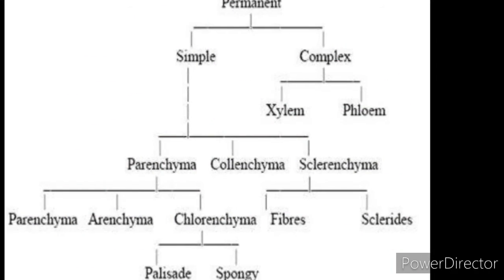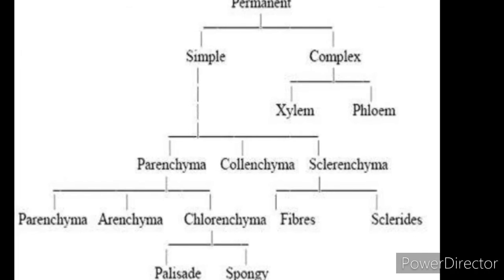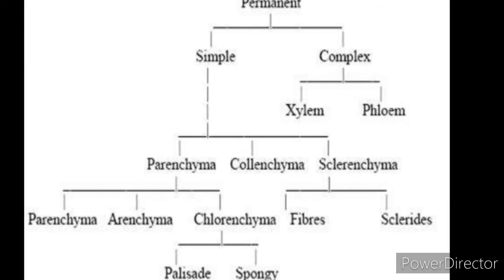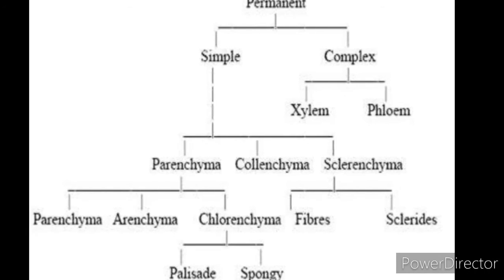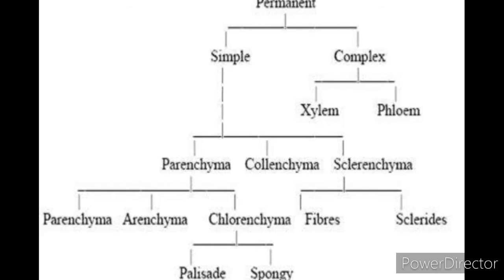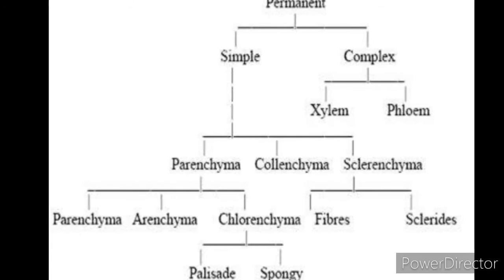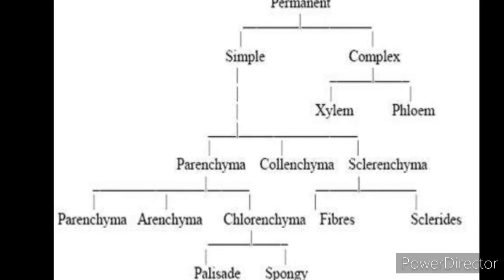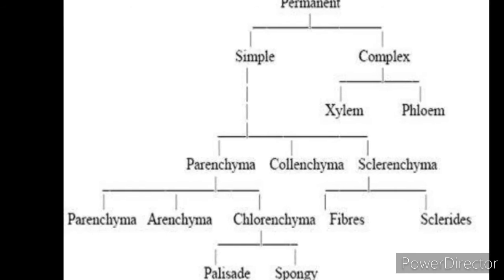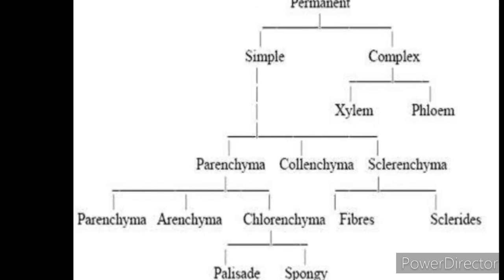Let us see the permanent tissues. Here we have simple and complex tissues. Simple permanent tissues are divided into parenchyma, collenchyma and sclerenchyma tissues. Again, parenchyma tissue divides into parenchyma, aerenchyma and chlorenchyma tissues.